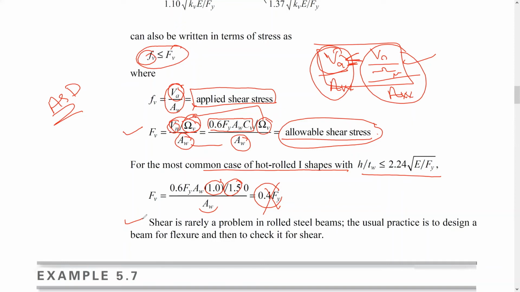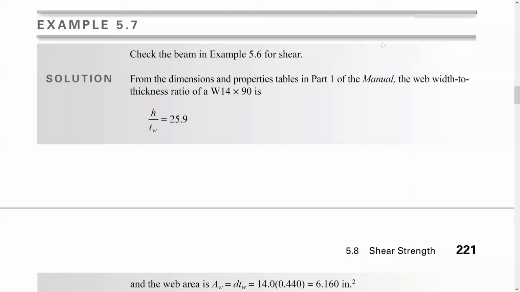Let's solve example 5.7, page 220, and see how we're going to use these formulas and cases to check the shear for a beam designed for flexure. In this example, we need to check the beam in example 5.6 for shear.